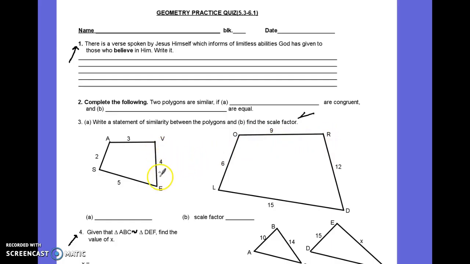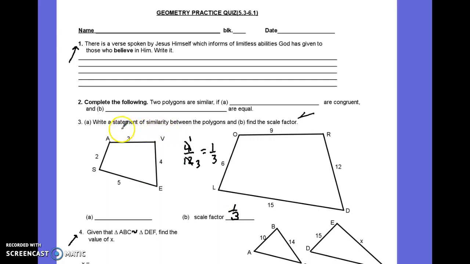Or we could take BC over EF, because they're known and they're matching. 4 over 12 would be one possibility. Somebody else might do 5 over 15. But that would be it. And as we divide upstairs and downstairs by 4, we get this. So our scale factor would be 1 over 3 in this one.